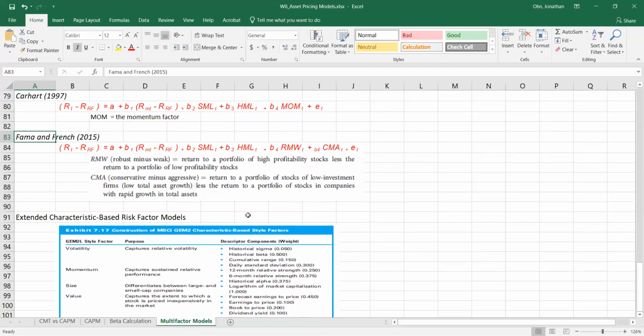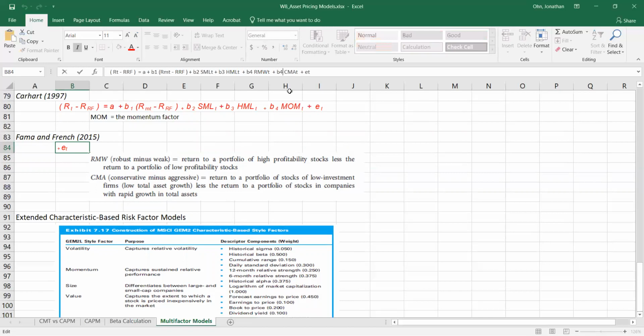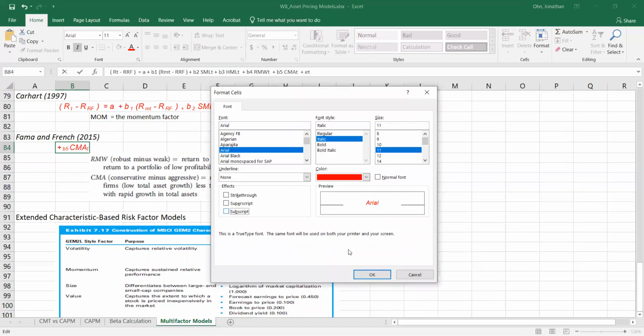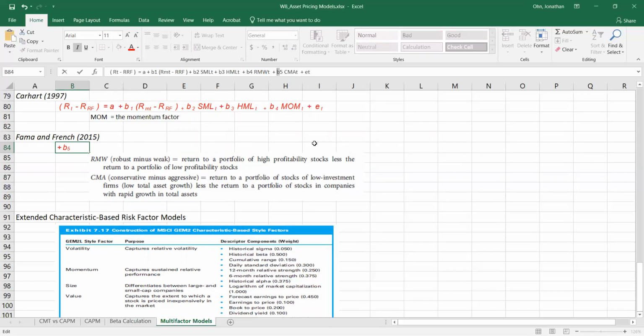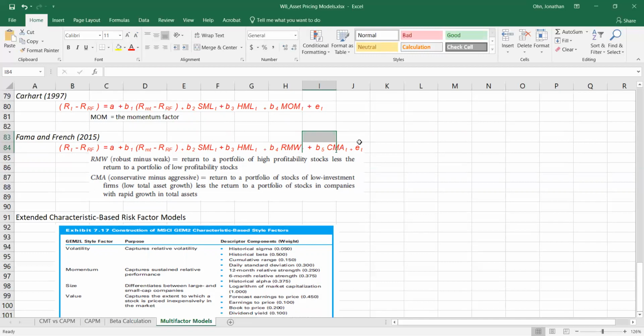In 2015, they added two additional variables there, and this one should be 5, and this one should come up there too. They used their model in their business, and then in 2015 they identified two more risk factors.